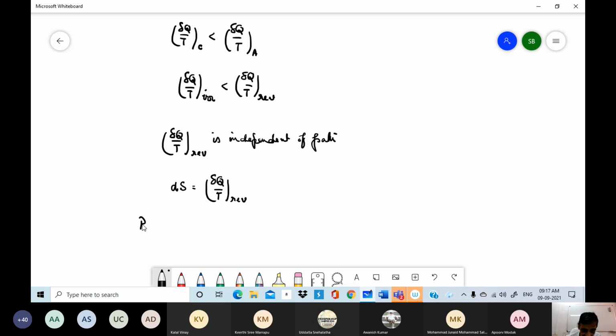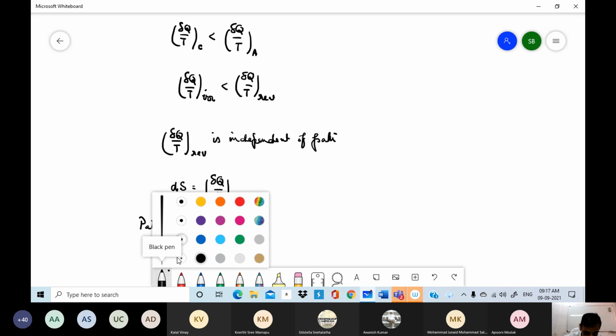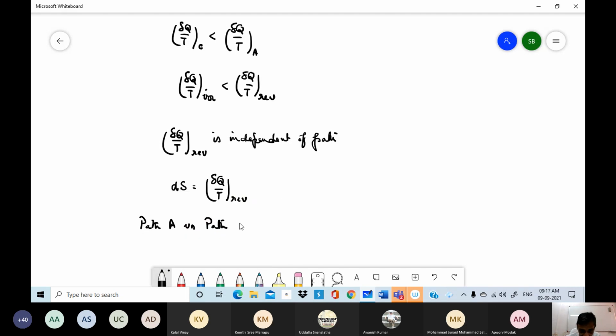So if we consider path A versus path B versus path C, it goes from one equilibrium state to another equilibrium state, but in between, path A goes through a set of quasi-equilibrium states, whereas path C goes through non-equilibrium states.